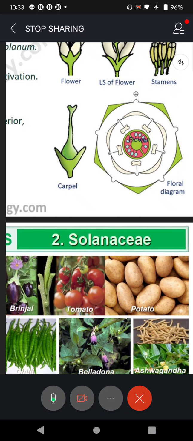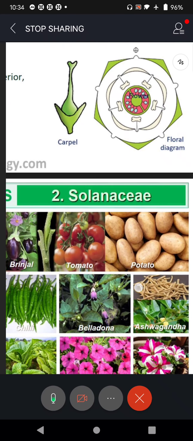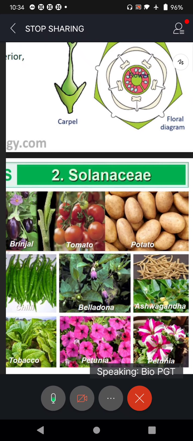Basically, you must remember this Solanaceae family as brinjal family or potato family, as you are seeing. All the members of this family are very familiar to you: brinjal, tomato, potato, ashwagandha, belladonna, petunia, tobacco, and chilies, all are familiar.